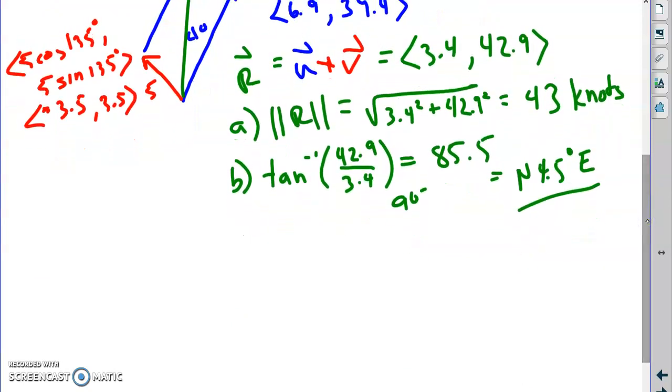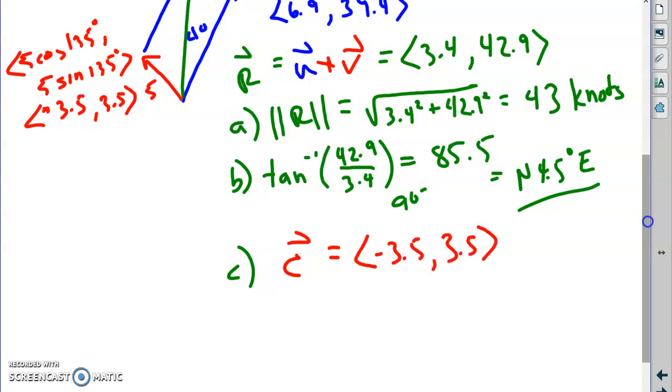This session's almost over, but I will say this. Vector C, or question C, instead of taking the current vector, which we had as -3.5, 3.5, we are just going to negate it to compensate for it. So the compensation vector would be +3.5, comma -3.5 to offset for that current.